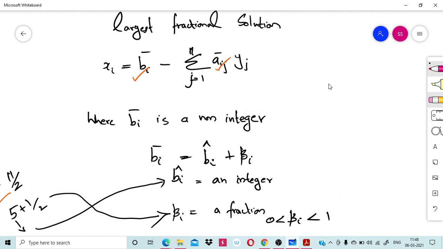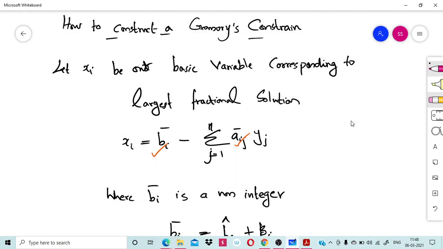Yes, step by step we will recall it. First, what you have to do? First you have to find out xi. That you know from your tabular column. Then you have to write this xi in terms of bi bar and aij bar and yj.